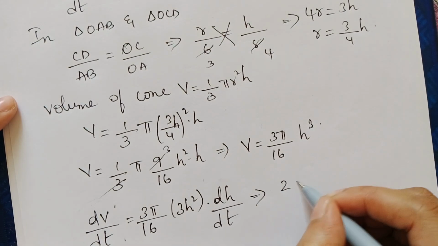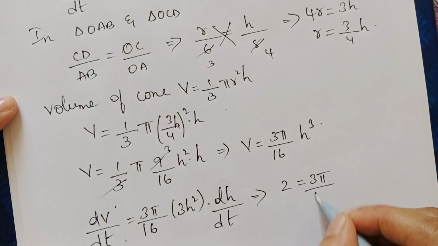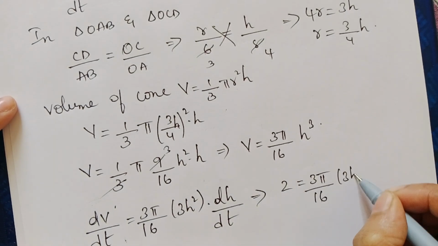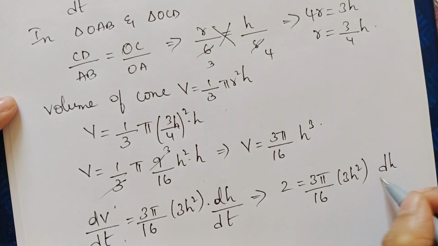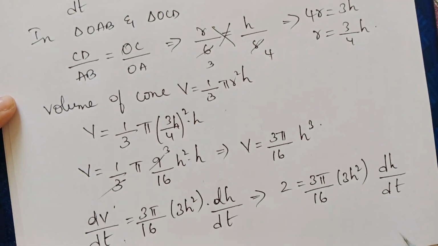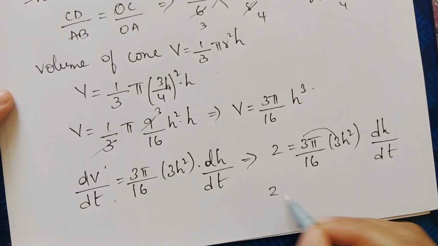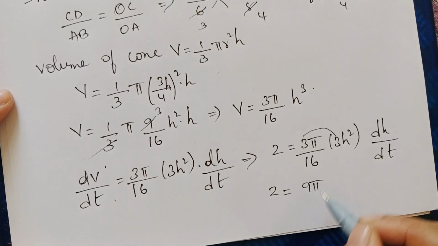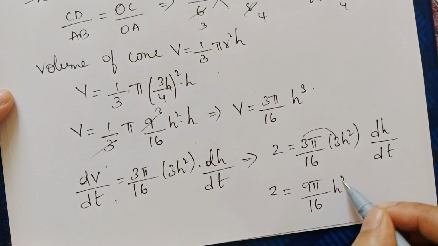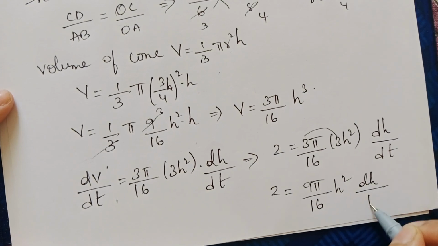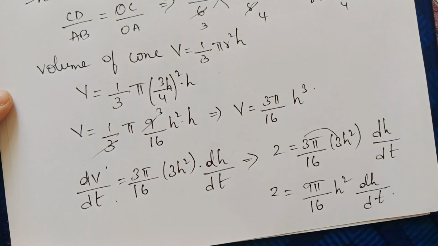So 2 = 3π/16 into 3h² into dh/dt, right? So 3 into 3 is 9. So 2 = 9π/16 into h² dh/dt, right?